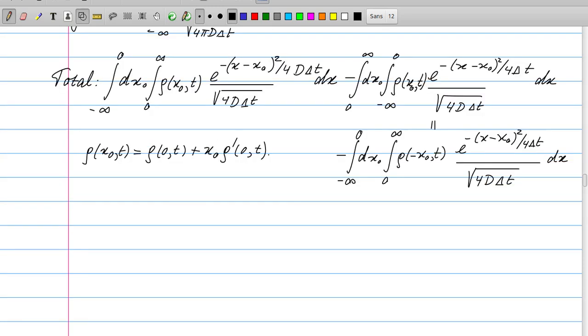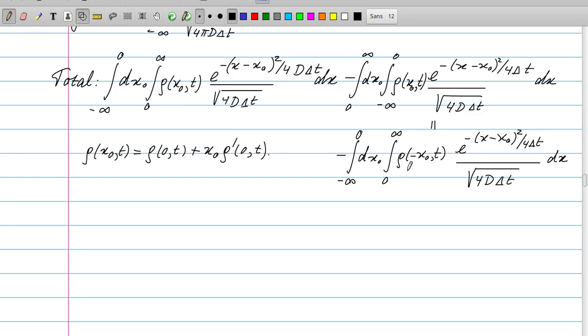First of all, we see that if I take rho of 0, t, that term is the same for this one and that one, and then we see that the two integrals are completely identical except that they have a different sign, so they cancel. And so we should have a look at this one, because here we have a term with a plus sign here and a minus sign there.